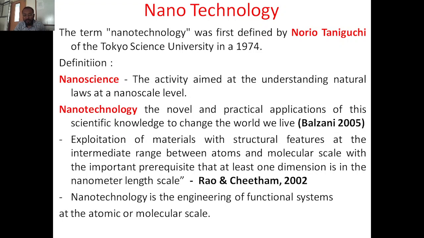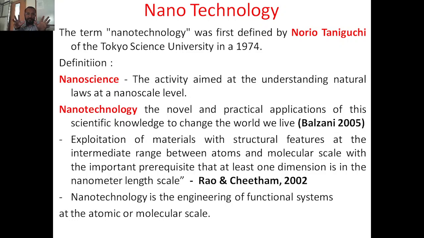The scientific community has to work at this level so that we can bring new applications, because the science there is totally different. People started working at the micro level and kept going to the molecular level, and when they reached the nano level, which is 1 to 100 or 200 nanometers, it was around 1971 or 1974.